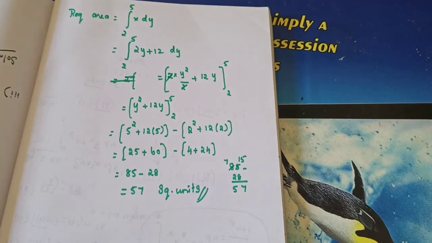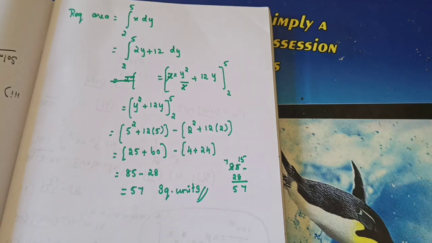Okay, the next one with y-axis, left and right. Left means minus x dy. If it is right, it means integration of a to b x dy. Okay, so these 4 things are very important.